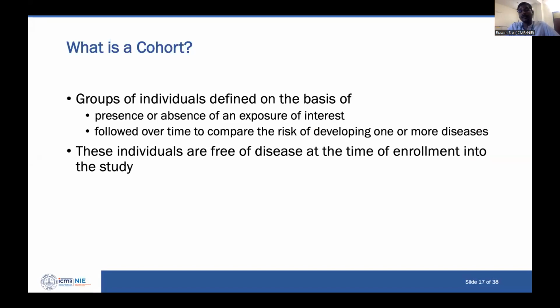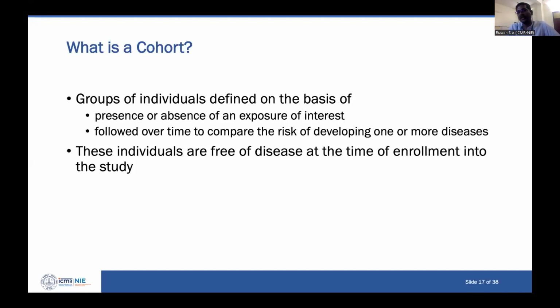These individuals are free of disease at the time of enrollment in the study. This is another important point where we set up a cohort. None of the participants should have any signs of the disease you are interested in at the time of enrollment. If your disease of interest is, say, multiple sclerosis, COVID-19, rheumatic heart disease or rheumatoid arthritis, the cohort you begin with should not have the disease of interest.